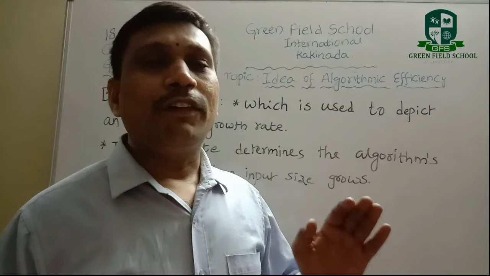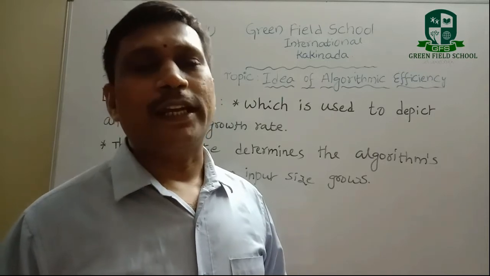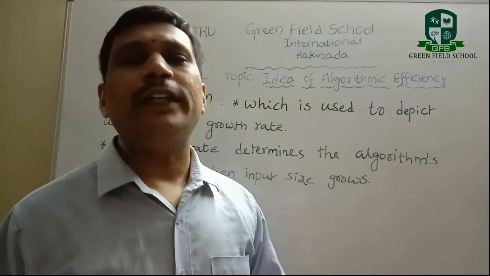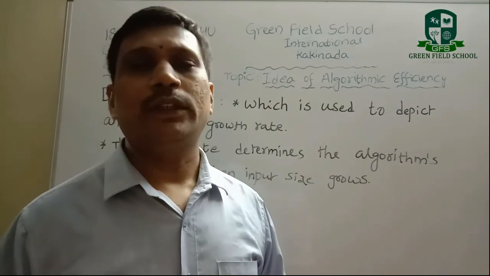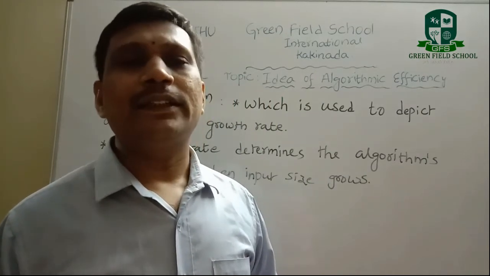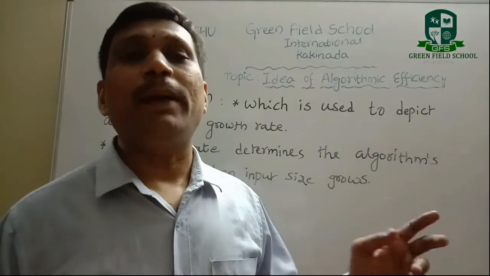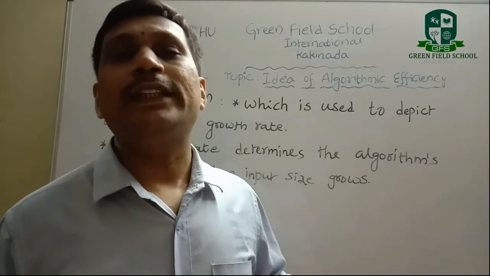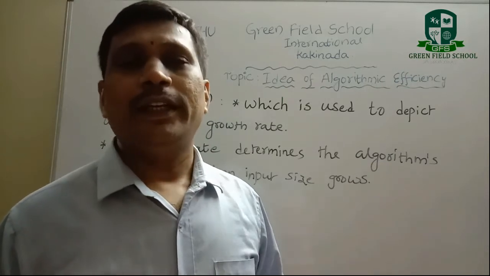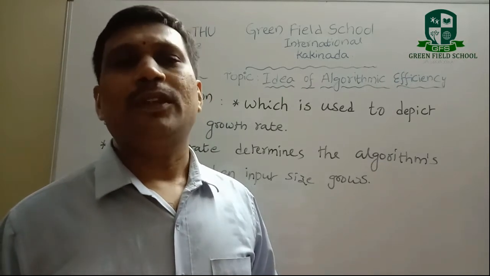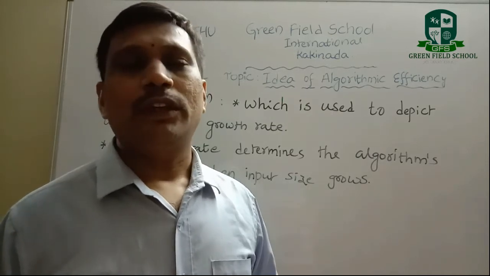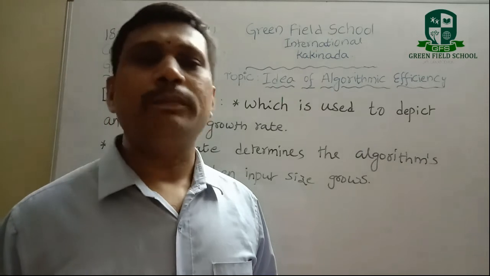Suppose one program has two possible ways to determine the output. I calculate by comparing these two big O notations. When we execute these two in our computer system, we calculate the time complexity of both ways to solve that problem.